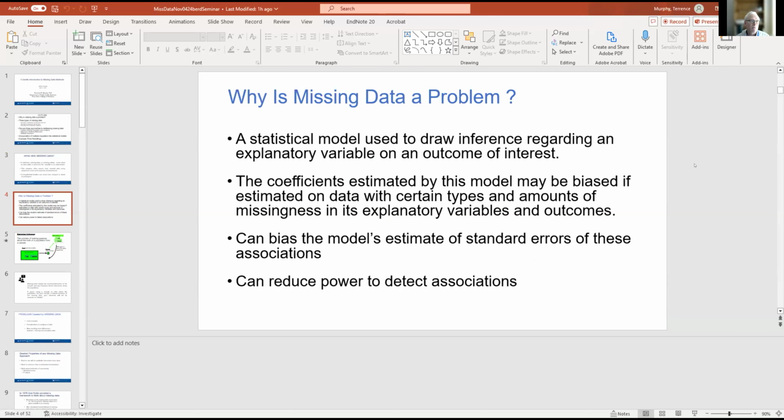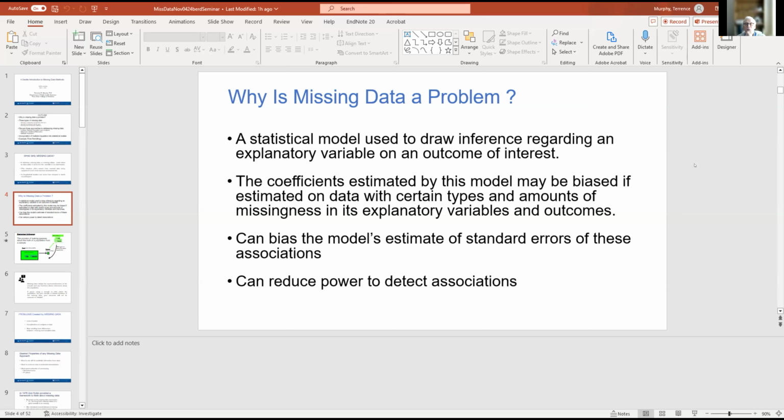Why is missing data a problem? Well, usually what we're doing when we analyze data is we're modeling some outcome, and we're trying to draw inference regarding the association of an explanatory variable on that outcome. The model estimates the coefficients or the point estimates of that association, and these may be biased if the missing data is missing due to certain reasons and certain amounts of missingness.